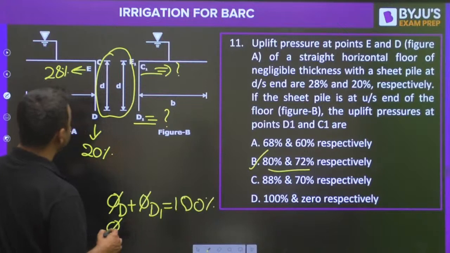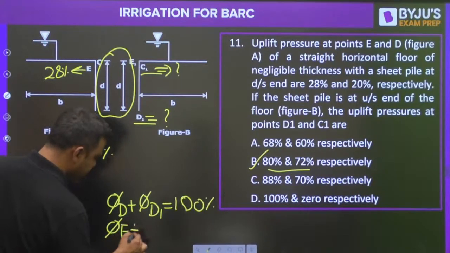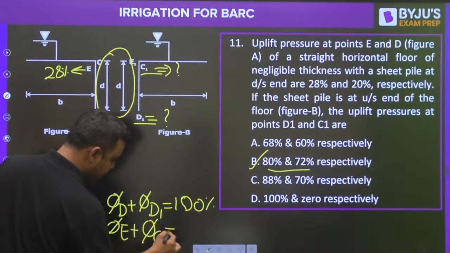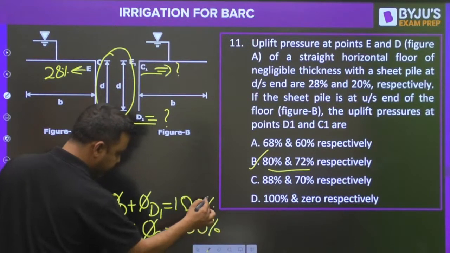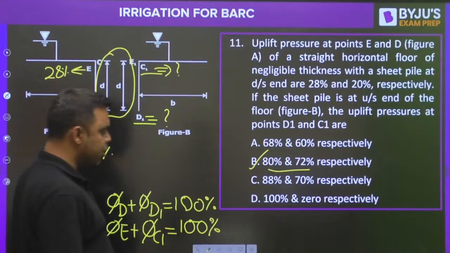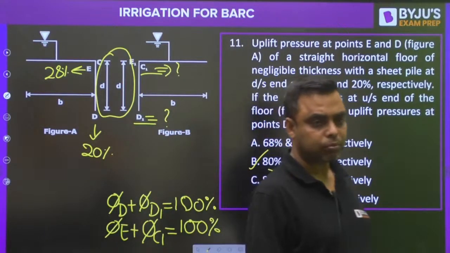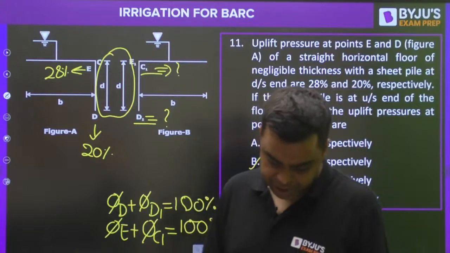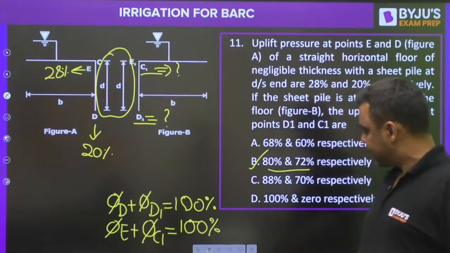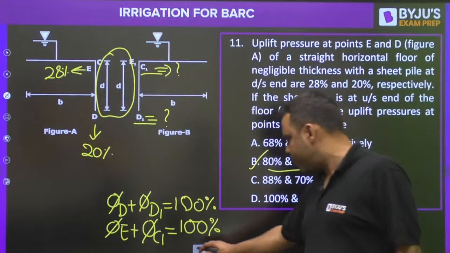Further, phi E plus phi C1 will also be 100%. This is the rule we have to use. So guys, this will be our answer.